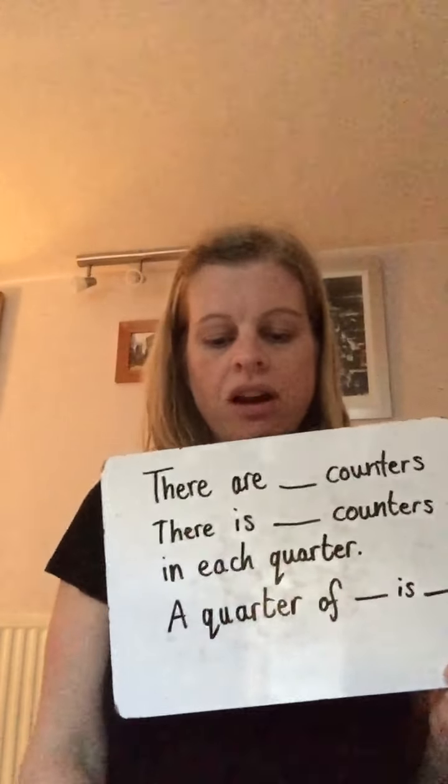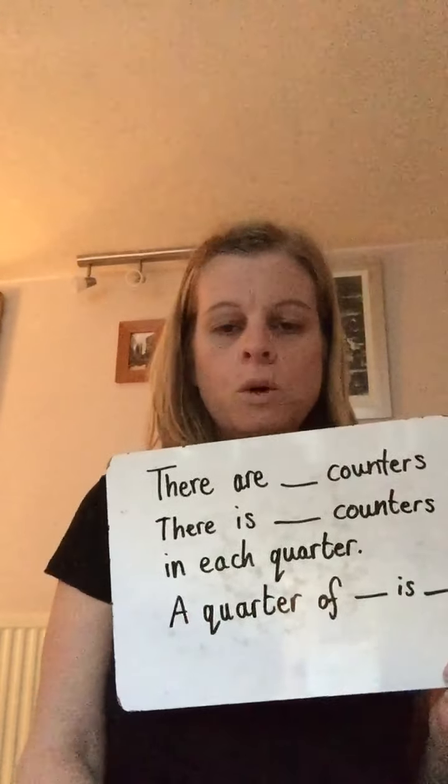So can you find me please 4 counters? 1, 2, 3, 4. When you find those counters, I'm going to draw the counters on my whiteboard. So in front of you should have 1, 2, 3, 4 counters.